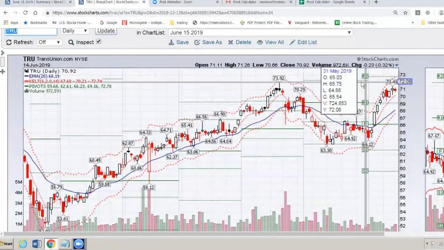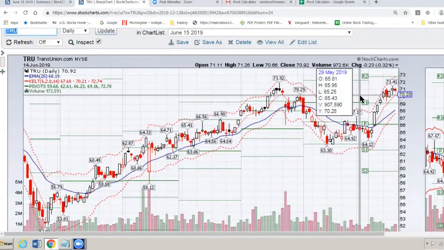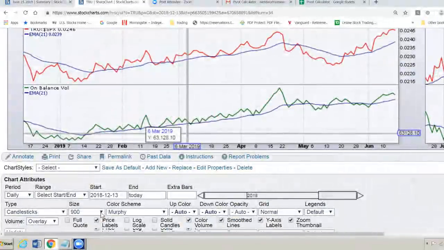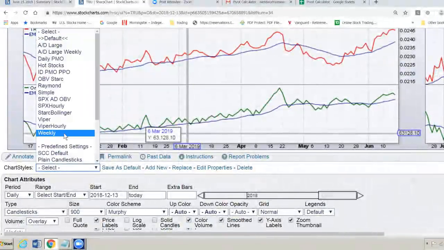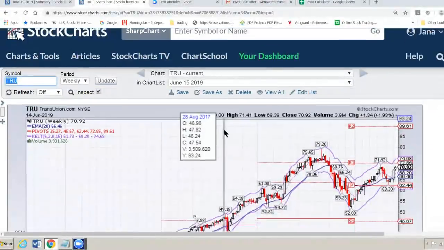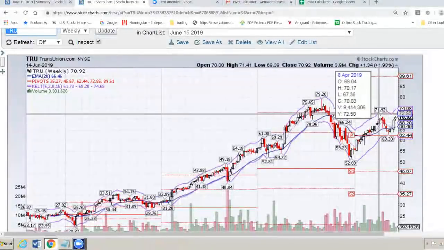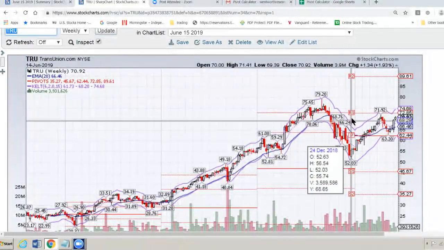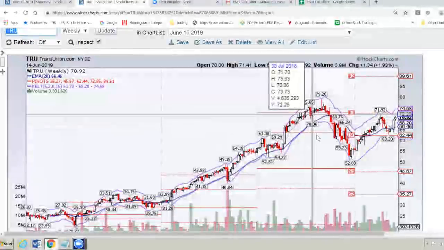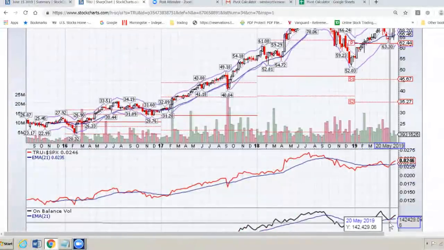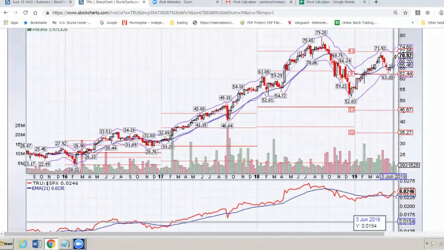The weekly chart looks pretty good at this point. If we look at the current weekly chart after this week, it looks like it's got some pretty good potential. 72.85 is the yearly pivot resistance, R1, but a pretty bullish pattern overall. And look at what the weekly indicators are showing, quite bullish.